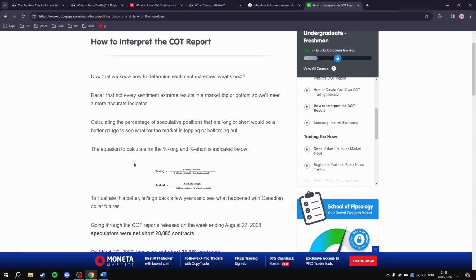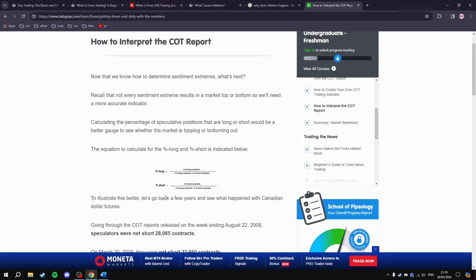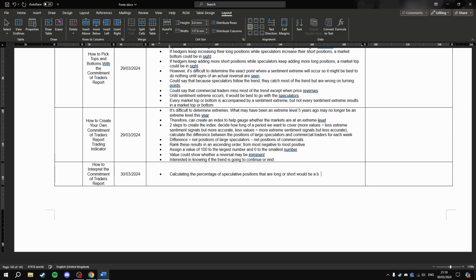Right, okay, so calculating the percentage of speculative positions that are long or short would be a better gauge to see whether the market is topping or bottoming out.